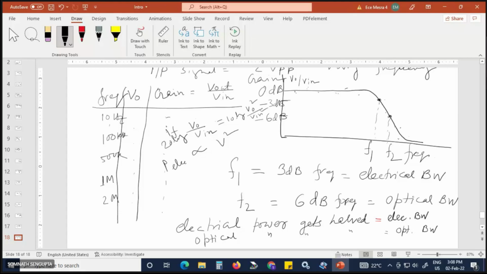Now if you consider optical power, generally optical power varies directly as voltage, not voltage square.